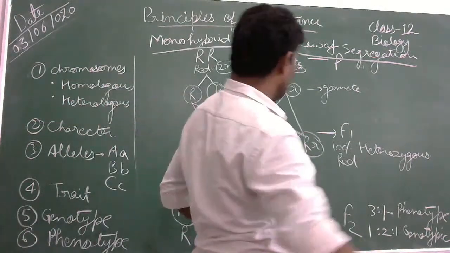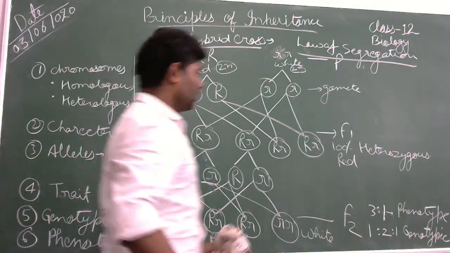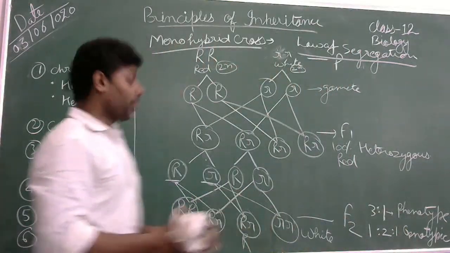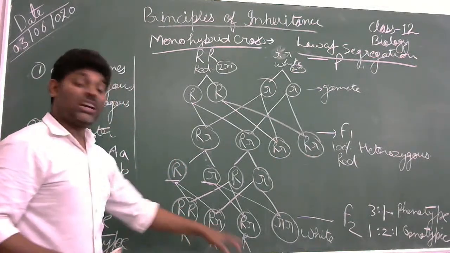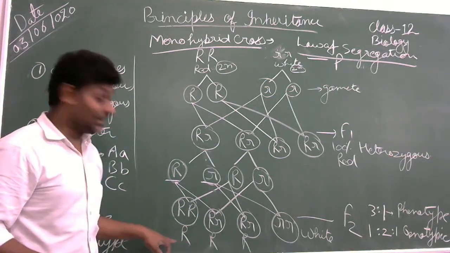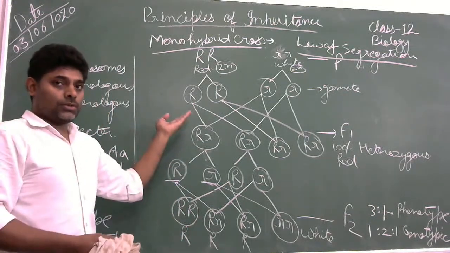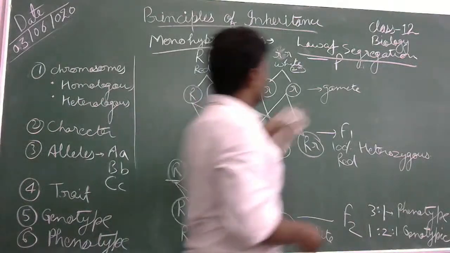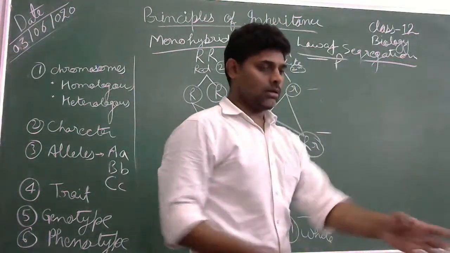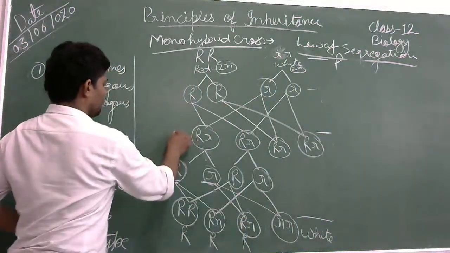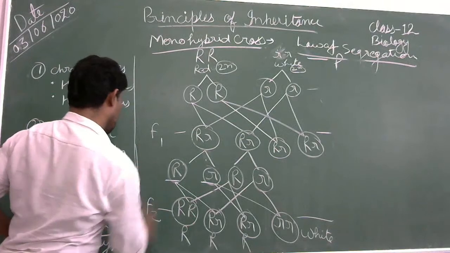Now, as we are seeing this monohybrid cross, and want to know the purity of gametes, because we are not seeing the genes, we do the back cross. This is the F1 generation, and that one is the F2 generation.